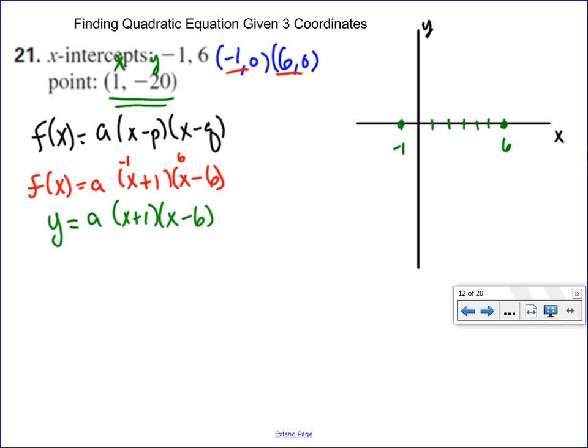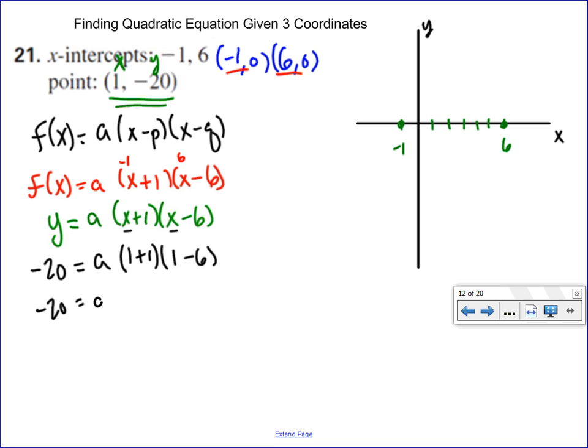So just substitute those in here: -20 equals, I don't know a, but the x when y is -20 is 1. So there you go, I plugged in my 1 for this x, and I plugged in my 1 for this x. And now it's just a little computation.